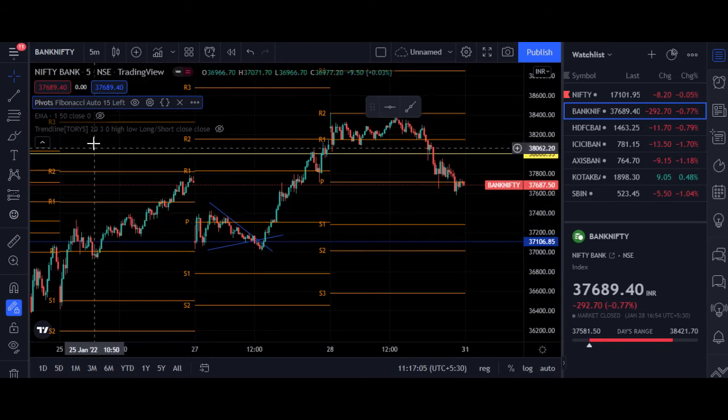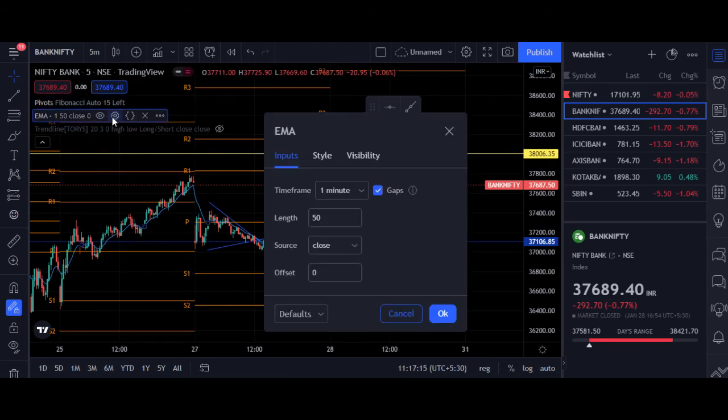If you want 50, you can put 50 here. If you want 100, you can put 100 here. If you want 21, you can put 21 days here. I will put 50, I prefer 50. So what is the purpose of moving average? The second point: we use moving average to confirm support and price action.